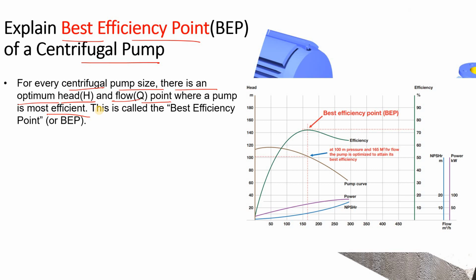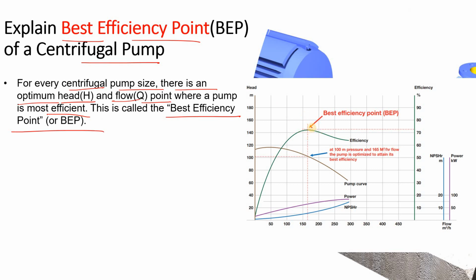What is the meaning of that? It means that whenever we talk about any centrifugal pump size, there will be one optimum head with respect to that flow rate where your pump will work most efficiently, and that point is called the best efficiency point.